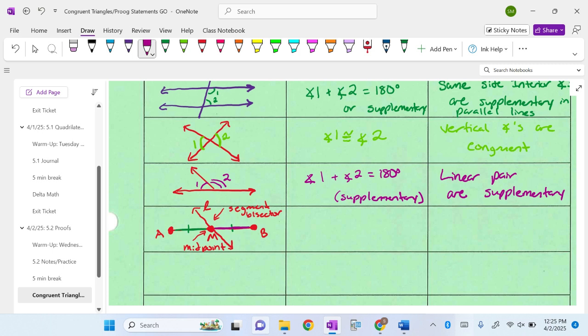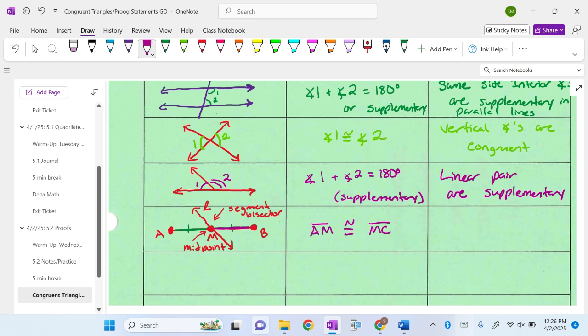So that means that segment AM is congruent to segment MB. Because the midpoint cuts the segment in half, the segment bisector cuts the segment in half. So obviously if it's cut perfectly in half, that means the tiny half pieces are exactly the same length.